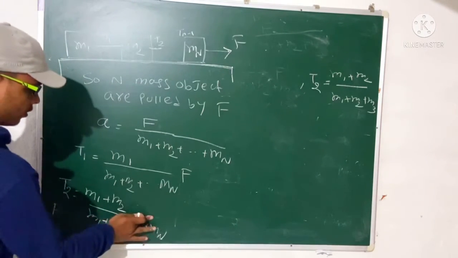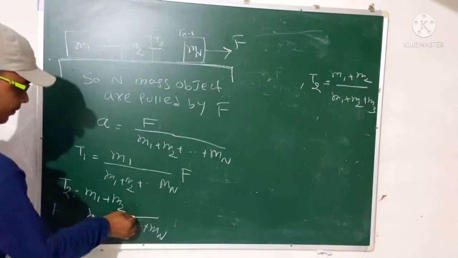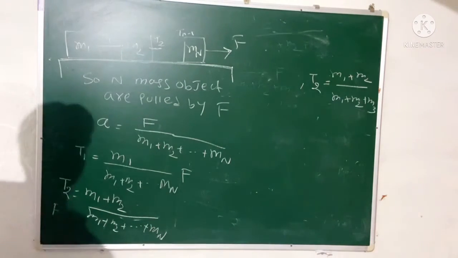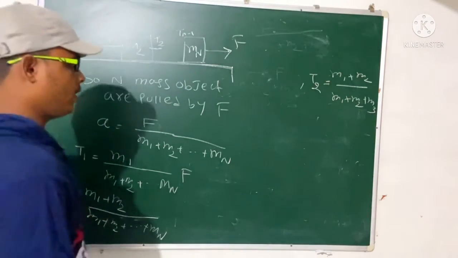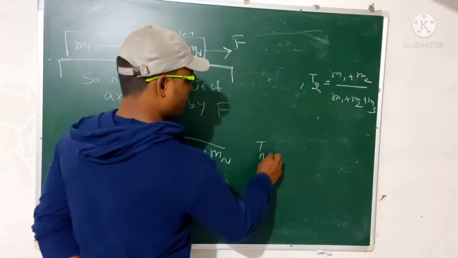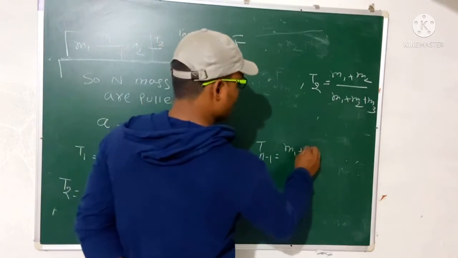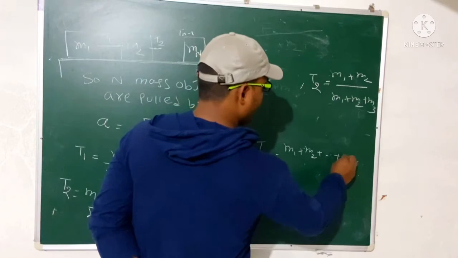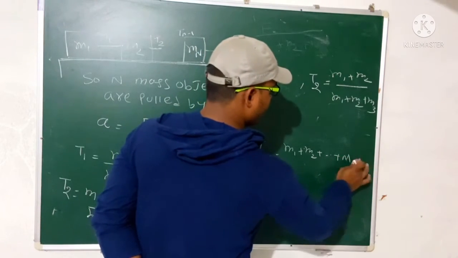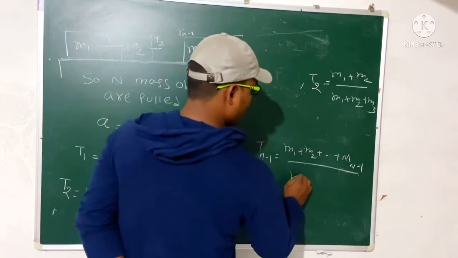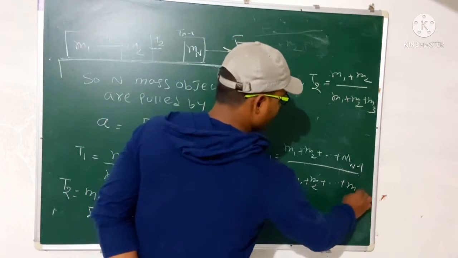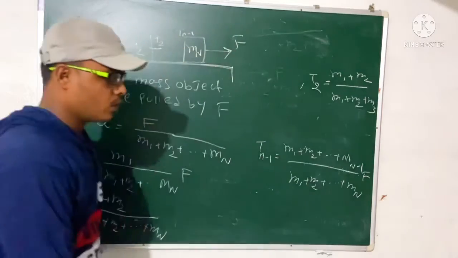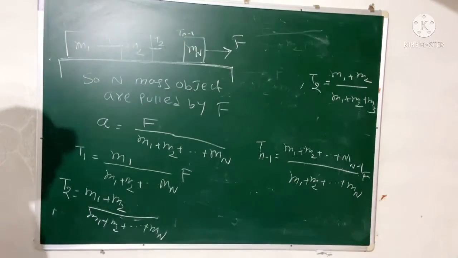So this is your T2. In this case, you can find Tn minus 1 also. So what will be Tn minus 1? That will be M1 plus M2 plus dot dot dot Mn minus 1 divided by M1 plus M2 plus dot dot Mn, into F.